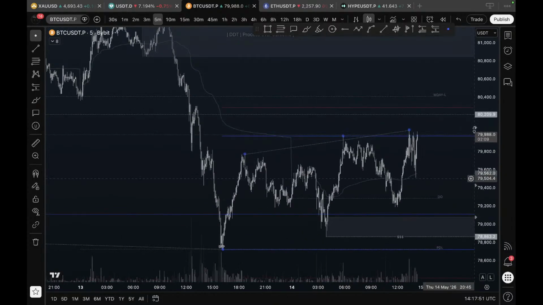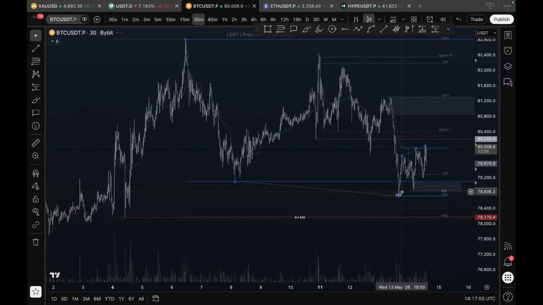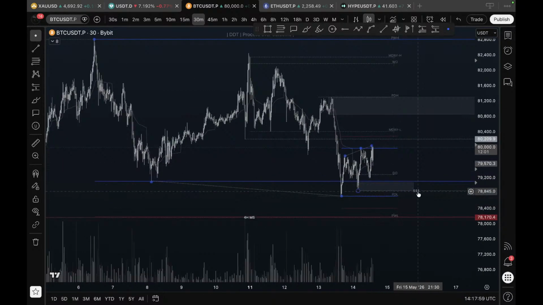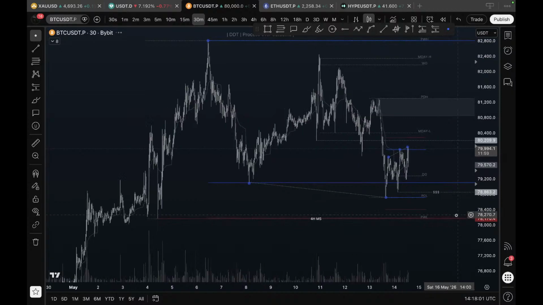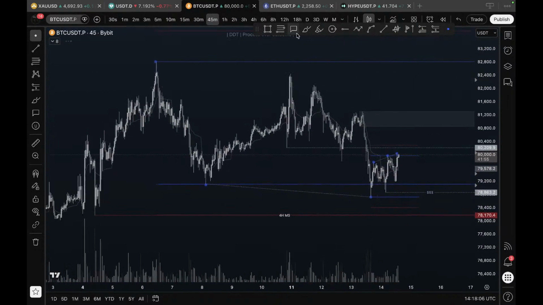And my main idea, so let's go back a little bit, is that yesterday we very aggressively came into the low, but this is what I've been waiting on for a long time.